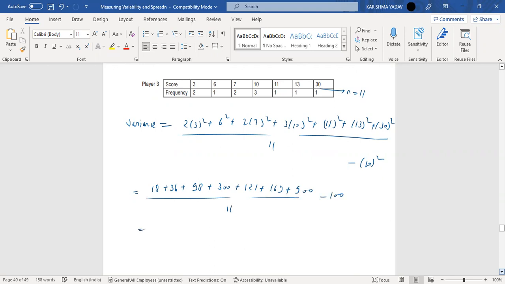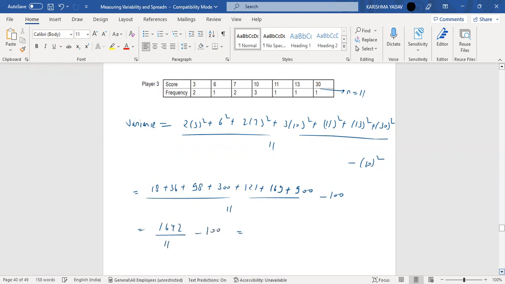Okay, now let's take out the sum of this. That is 18 plus 36 plus 98 plus 300, 121, 169 plus 900. So the sum of this is 1642 divided by 11 minus 100.